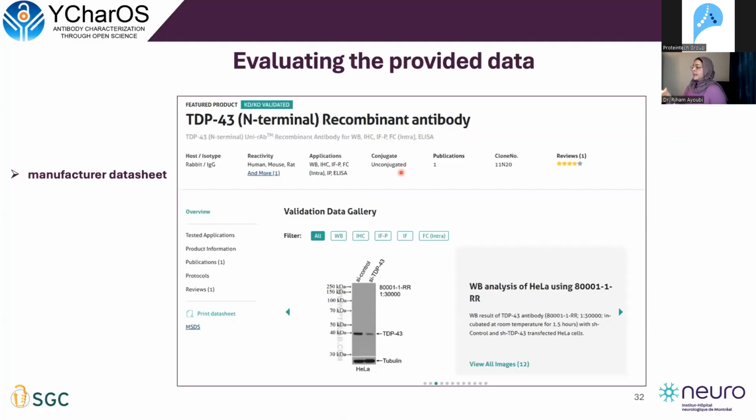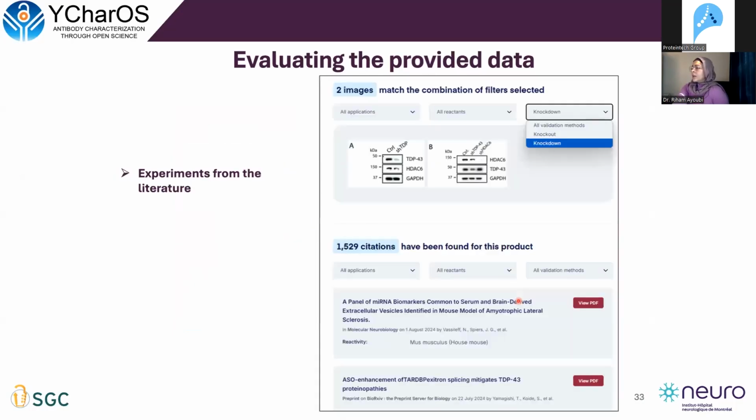A product can actually be knockout and knockdown validated based on the manufacturer data sheet or on the literature, or both. In this case, this recombinant from Proteintech, for example, was supported by knockdown validation internally on the data sheet, as you can see here, in addition to all its recommendations that you can scroll through.